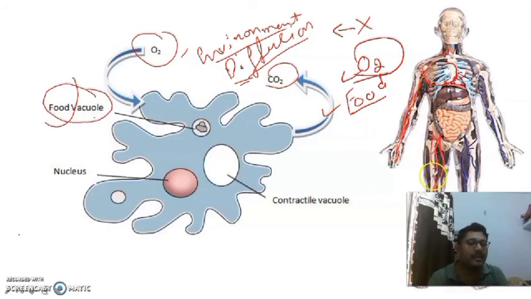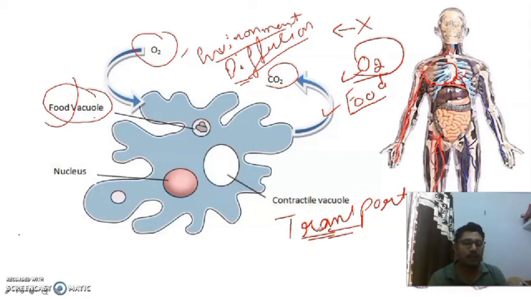So it creates a need for a system. That system is called the transport system. So the third major life process is the transport system. We will study the transport system in multicellular organisms in the next topics.